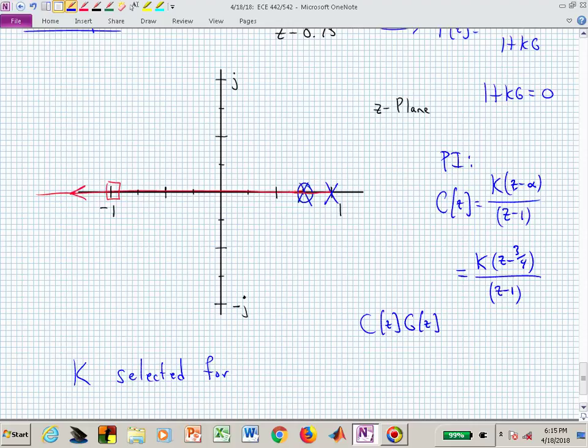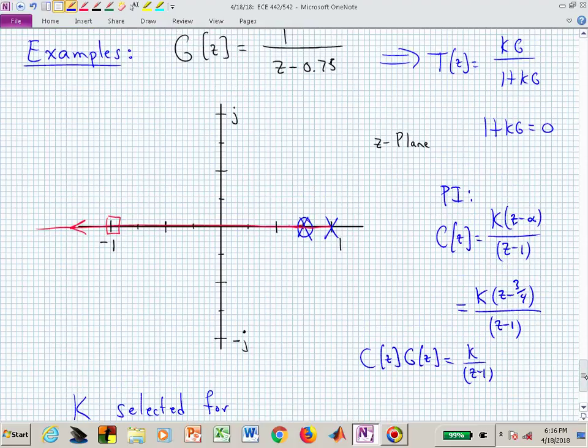I could plug in my values and the factor of z minus 3/4 goes away, and I have K over z minus 1. What's the DC gain of that?